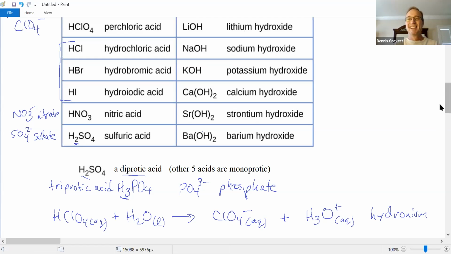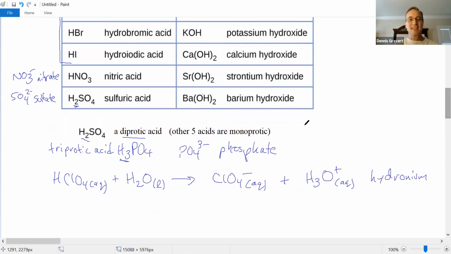So what I need you to know is to be able to predict products of acid-base reactions, just using the definitions. You'd have to realize that both these molecules start with an H, so they both could be acids. We will have an example where water acts as an acid later, but water's not on this list, so it's not a strong acid, therefore it's weak.